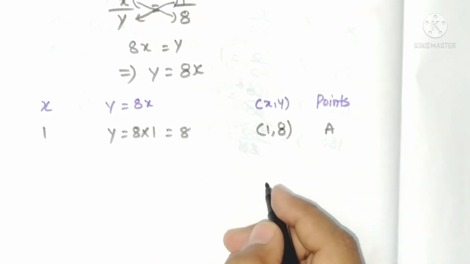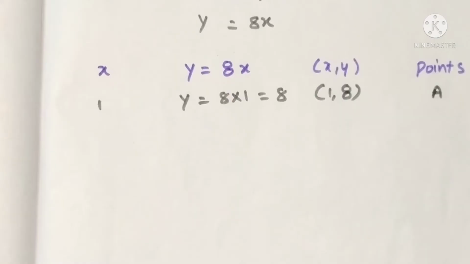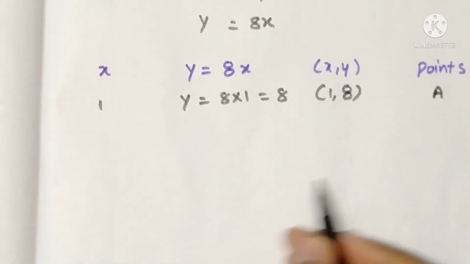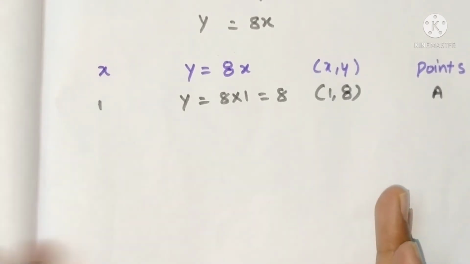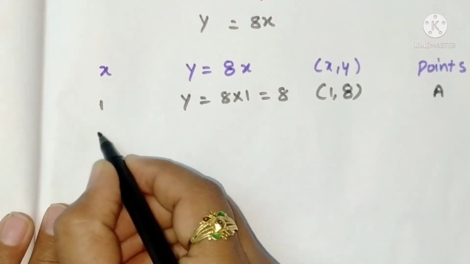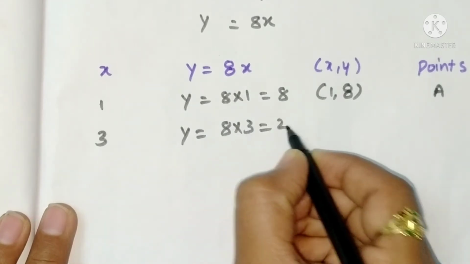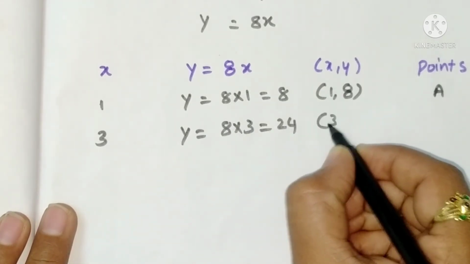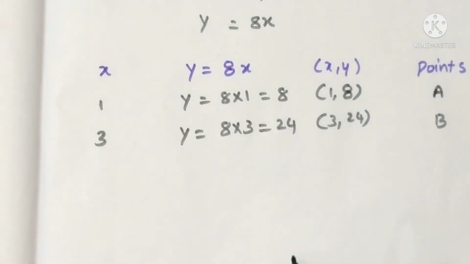So it is point A. If you take successive numbers in the graph, it maybe looks clumsy. The points come too close and don't look so neat. So after 1, we will take 3. y equals 8 into 3. 8 3s are 24. So x is 3, y is 24. It is point B.